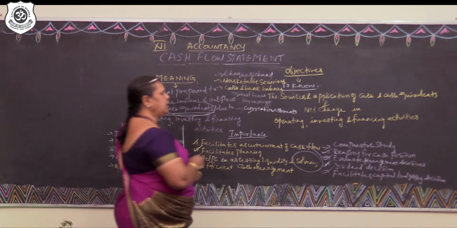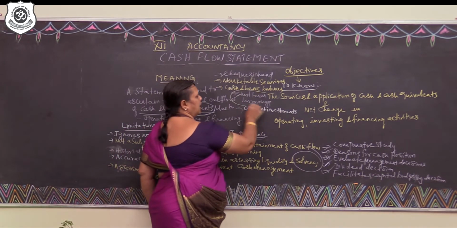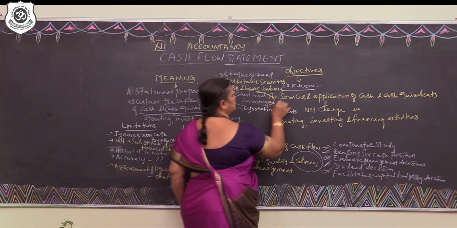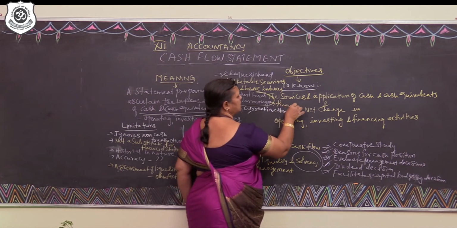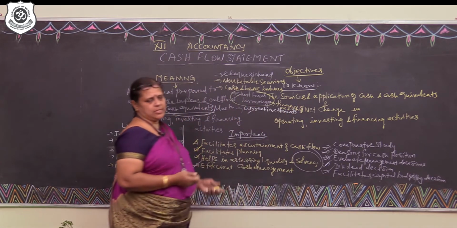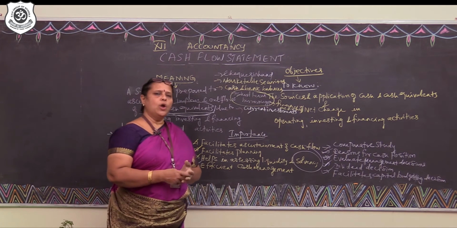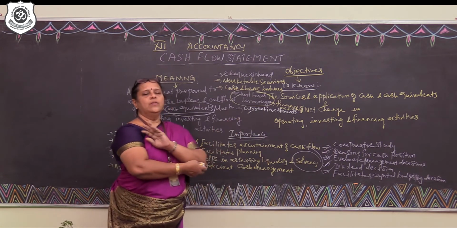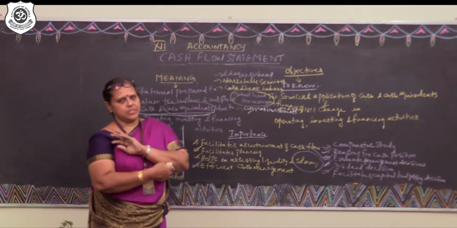In fact, after the amendment of the Companies Act, short-term borrowings are considered to be a part of financing activities. Then current investments. Any investment which is not a part of non-current investment will be considered to be current investment.